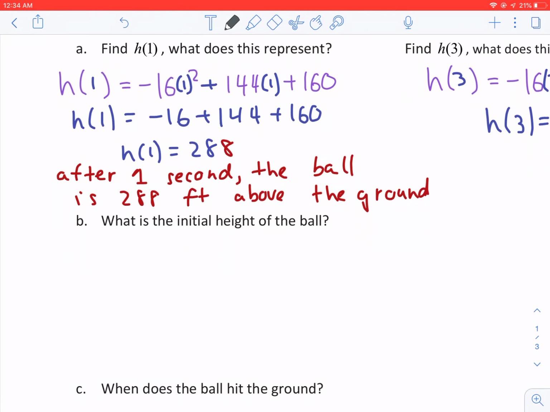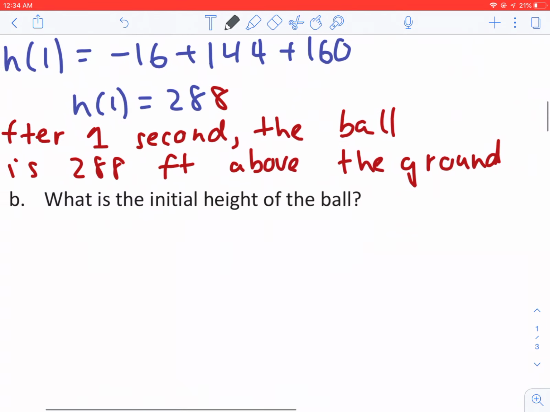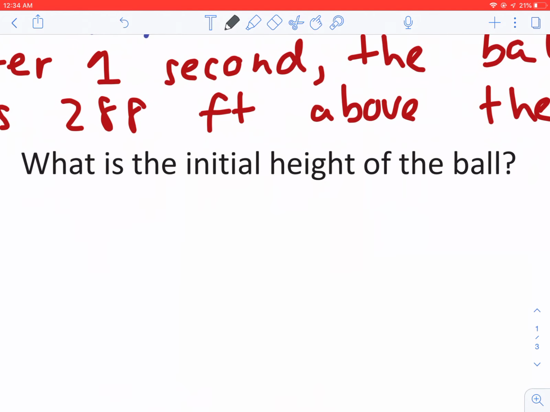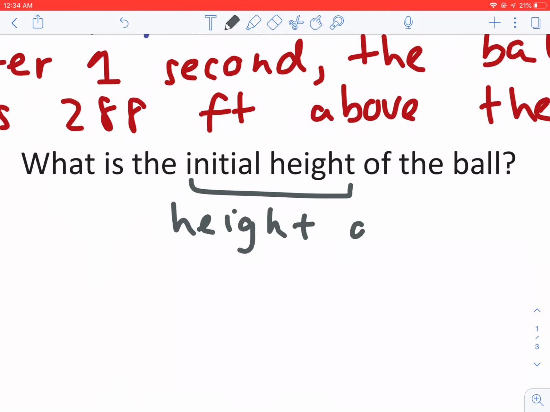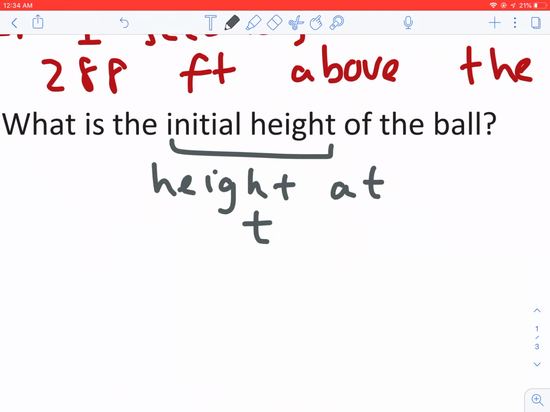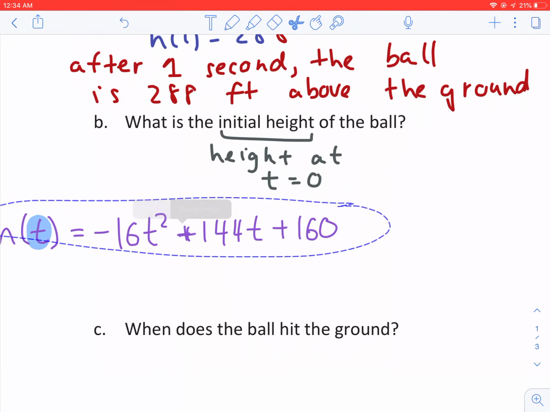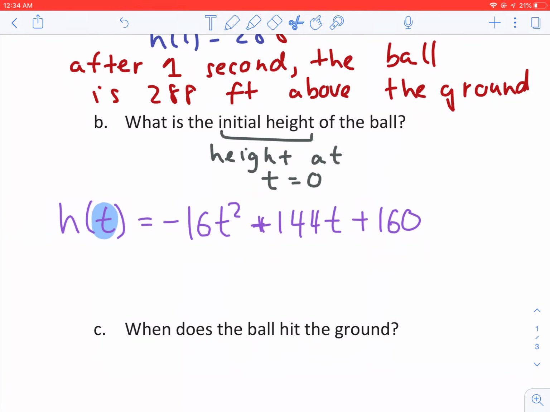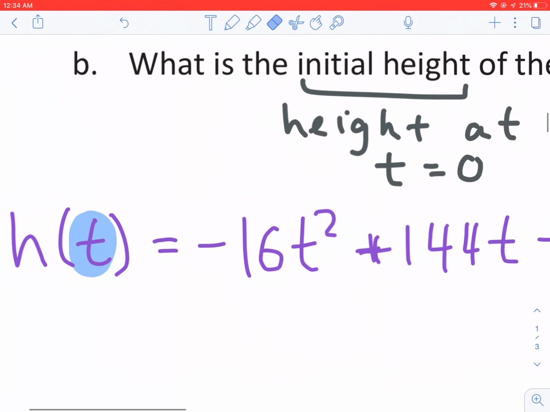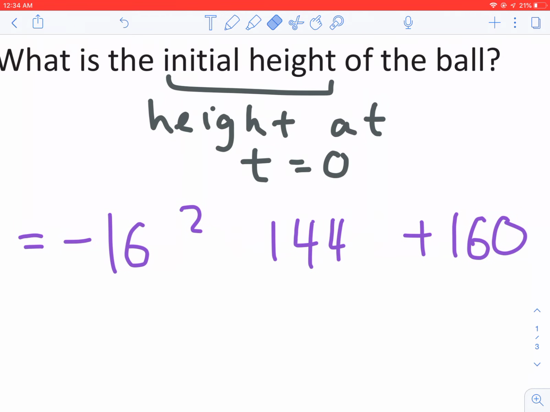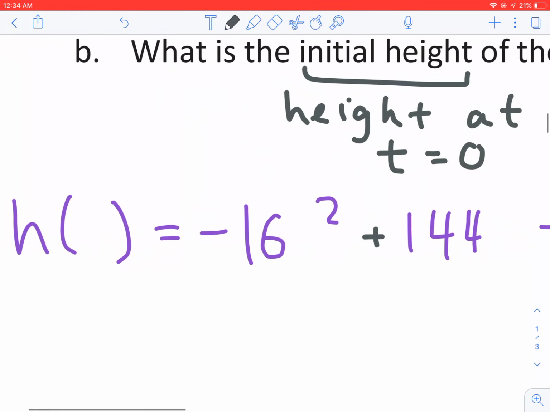So if I'm looking for the initial height, aren't I looking for the height of this ball at time 0? Initial height is the height at time 0, or when t equals 0. So I can use my same equation one more time, except this time, instead of plugging in a 1 or a 3, which would tell us the height after 1 second or 3 seconds, to get the initial height, we're going to plug in a 0.